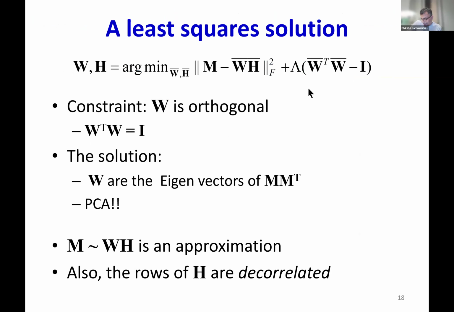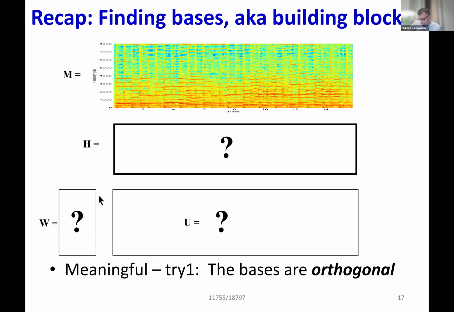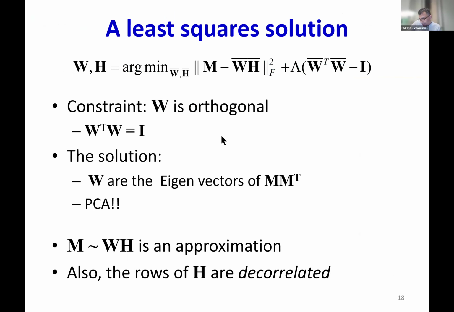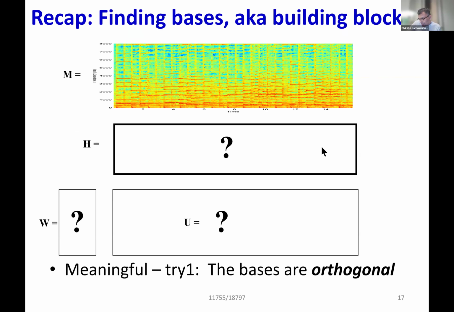So I add this Lagrangian. And when I solve for this, you just end up with PCA. So now you're going to find that these guys are the eigenvectors of the correlation matrix of M, the covariance matrix of M. And these are how you would modulate these bases to compose the music.